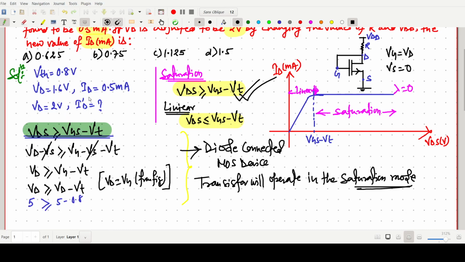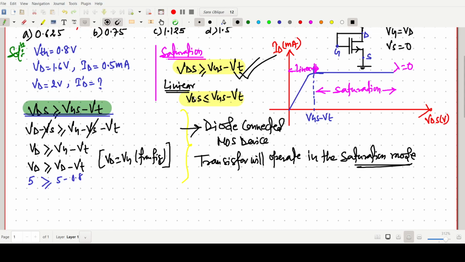Now there are two conditions given. For this purpose, we are writing the drain current equation. We can write ID equals mu n Cox W by L times VGS minus VT whole square, for the saturation region.